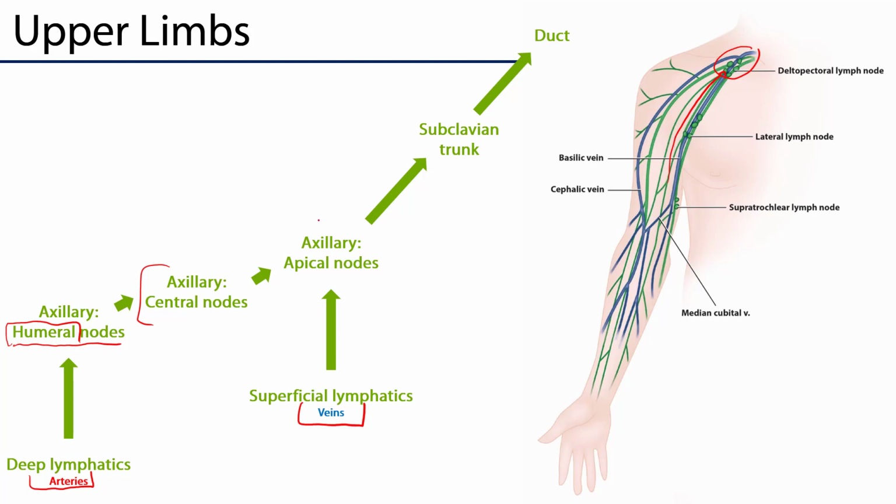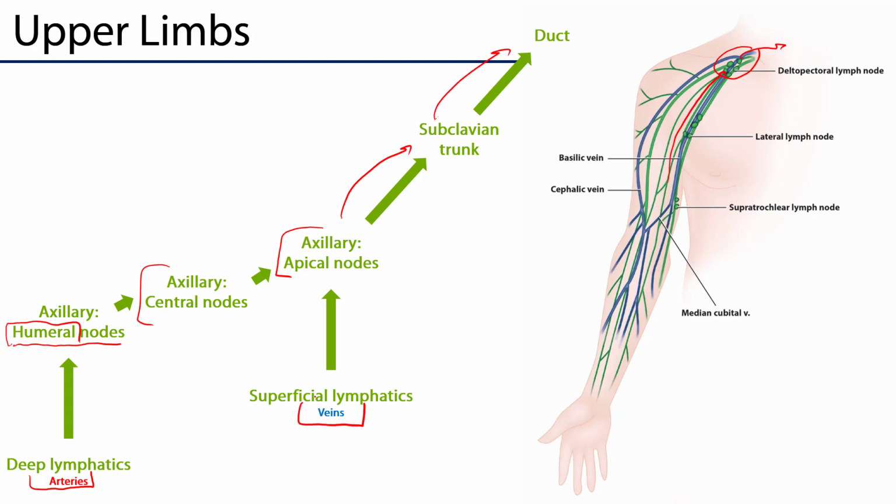And from there, lymph will flow into the apical nodes. And we know that once in the apical nodes, it's a short trip to the subclavian trunk and then into one of the two lymphatic ducts.